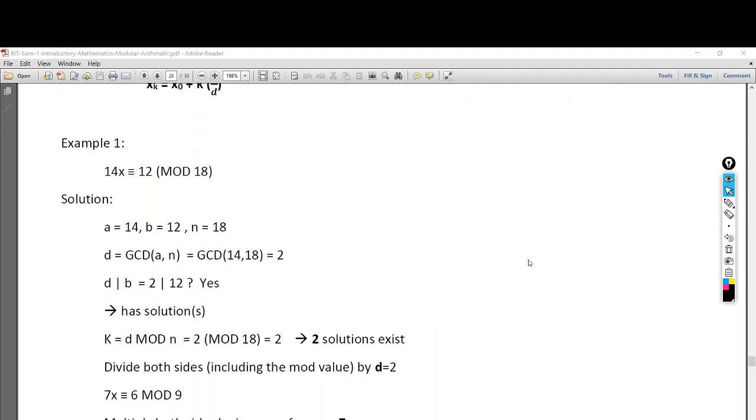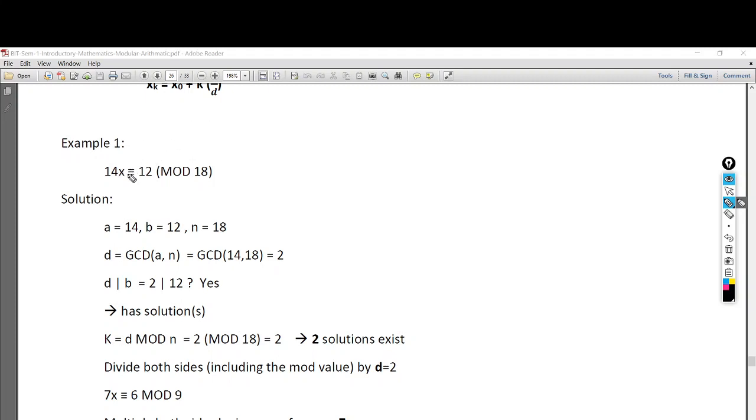Let's take an example. So this is our equation: 14x is congruent to 12 mod 18. They asked us to find what is x. It is not a very easy task to guess those things.